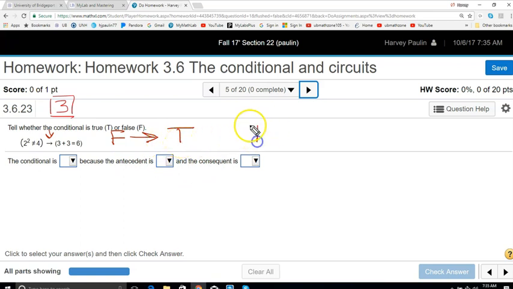Well, it's true, because the only time in the conditional where it's false is when the consequent is false. Here the consequent is true, so therefore the statement is true. And again, I don't require you to memorize the truth tables, but you need to know where they are and how to use them.